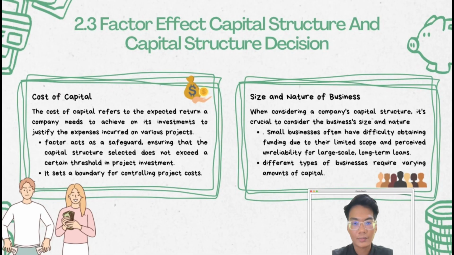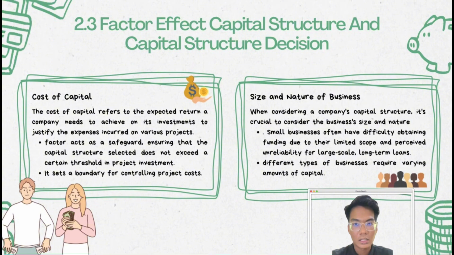We move to the next part, factors that affect capital structure and capital structure decision. First of all, the cost of capital. It is crucial to consider the cost of capital while determining the appropriate capital structure through equity or debt. The cost of capital refers to the expected return a company needs to achieve on its investment to justify the expense incurred on various projects.